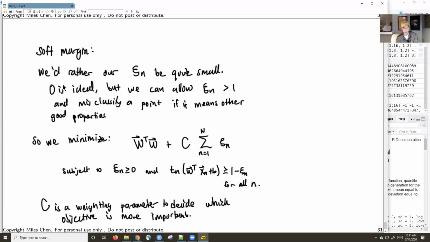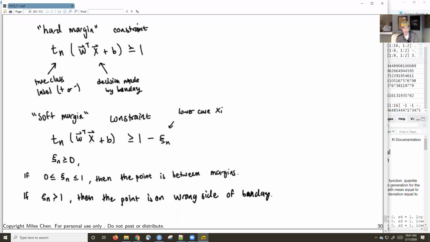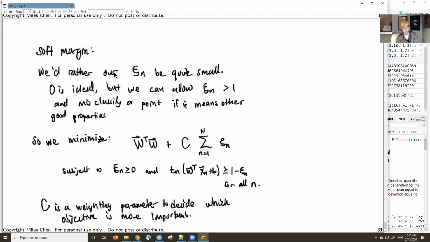So 0 is ideal. If you have xi equal to 0, you're basically getting the hard margin constraint. But if you allow xi to be greater than 1, you can misclassify a point if it means having other good properties regarding the w's that you've chosen.